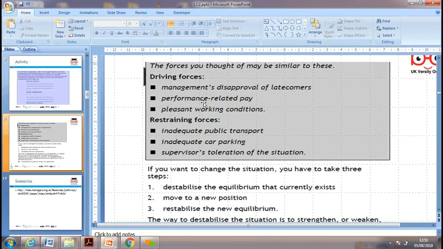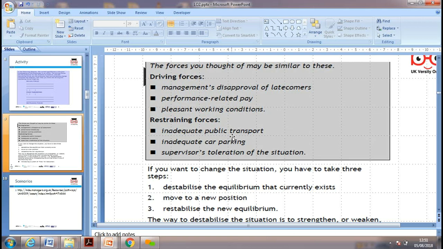So let's say here is an example: management disapproval of lateness. People want to come late, but the management disapproves of lateness, of latecomers. Performance related pay is a driving force. Yes, we will set performance related pay, not giving the commission or bonus to everyone. Pleasant working conditions are a restraining force, as is inadequate public transport.